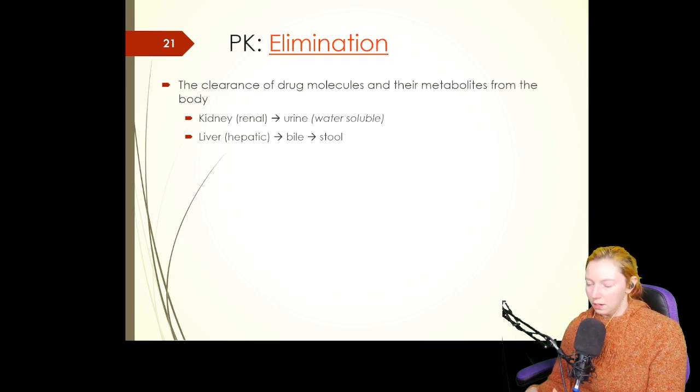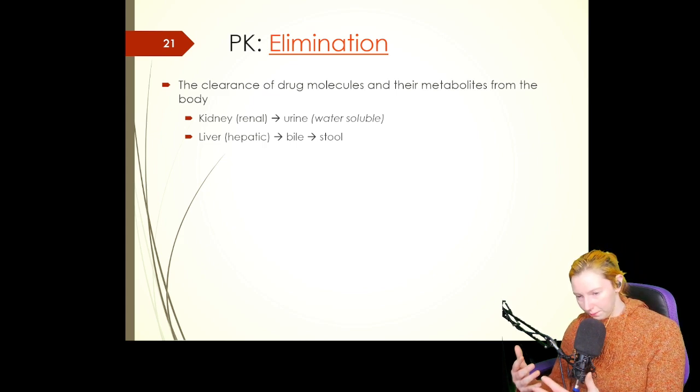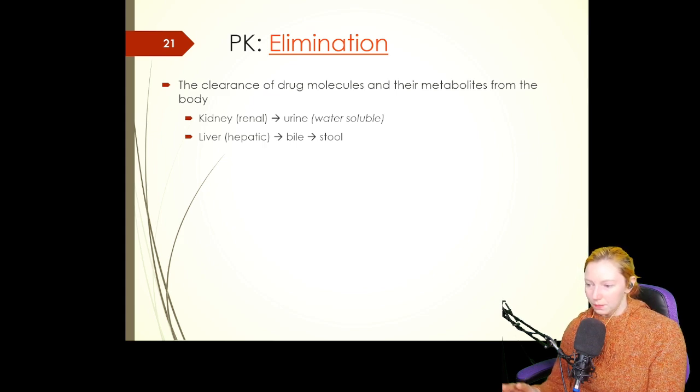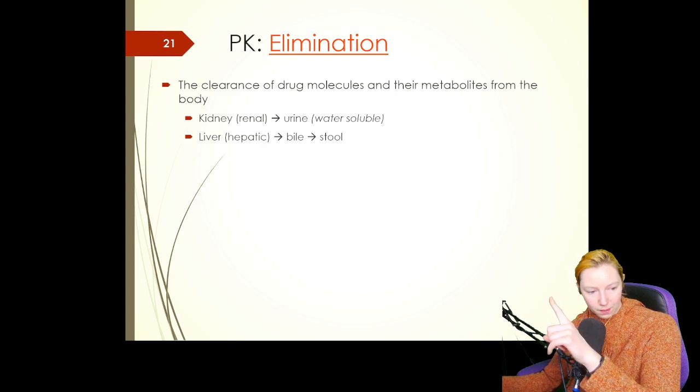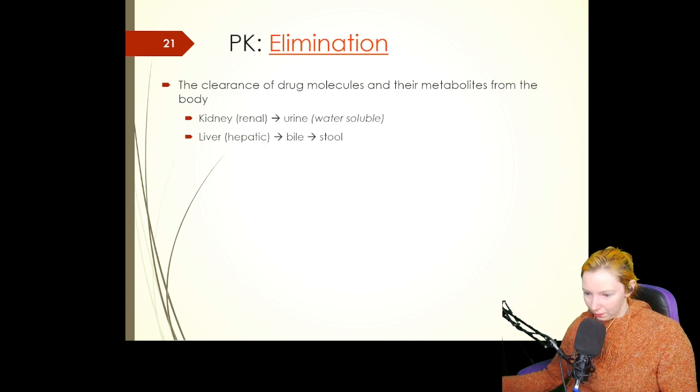Drugs can be excreted in the urine. They can also be excreted in the feces, and those are usually the parts that aren't really absorbed or digested at all. We also see sweat, lungs, the bile, all of these things can also play a role in removing drugs from the system. But the kidney is really the big player here.